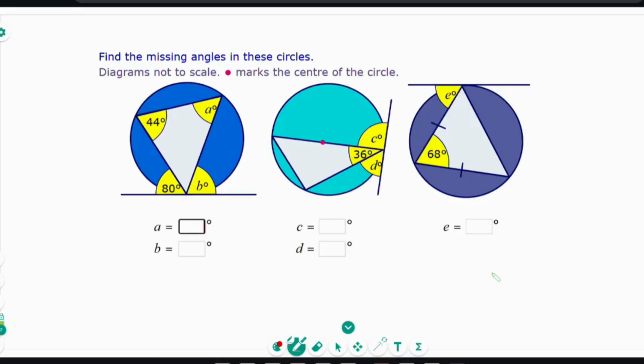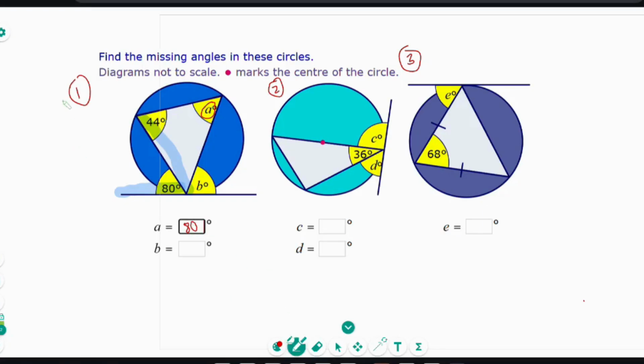Okay, so let's just have a go at these 3 together maybe, and then you can have a go at some questions yourself. Okay, so for this first one, the tangent touches this length of your triangle to make an angle of 80 degrees. So let's look opposite to that length, so A is 80.